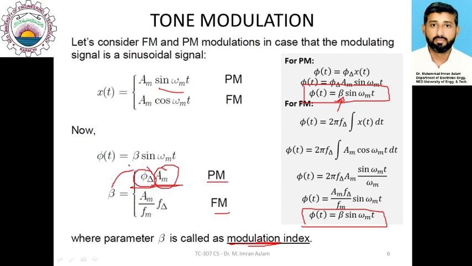Beta would become equal to phi delta for PM, and beta will be equal to f delta upon fm for the frequency modulated signal. Some of the authors prefer to ignore AM by using the condition that AM is equal to 1.